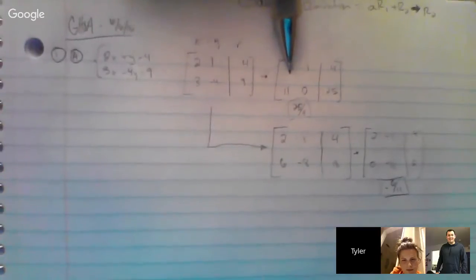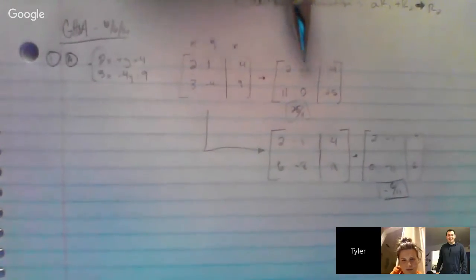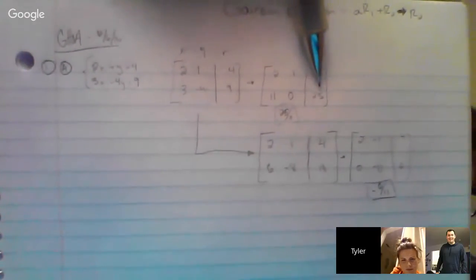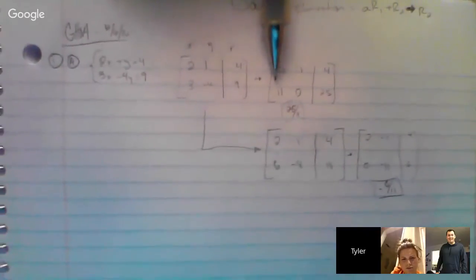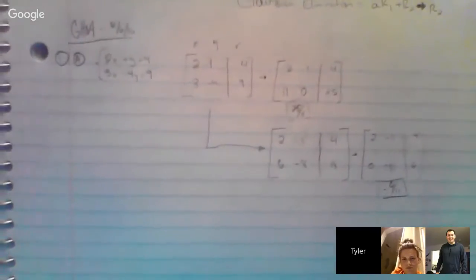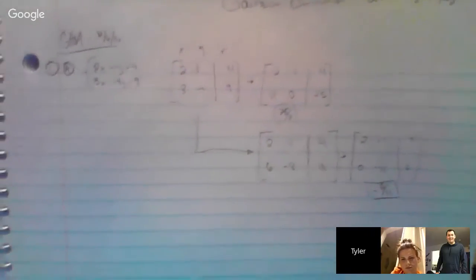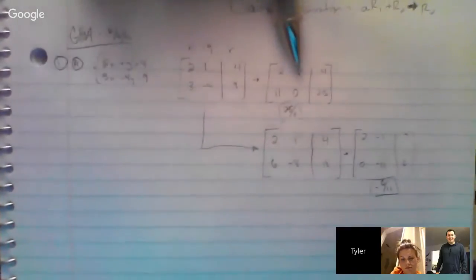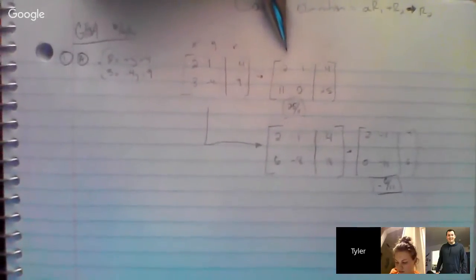So I get 11, 0, and 25. So then, since you have the 0 here, you divide this over to get 25 over 11 as the answer. So technically, you would read this as 11x equals 25.